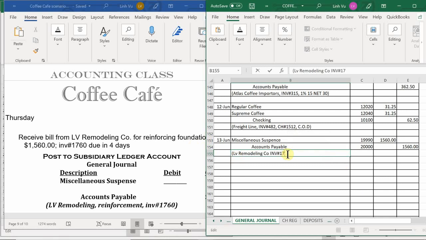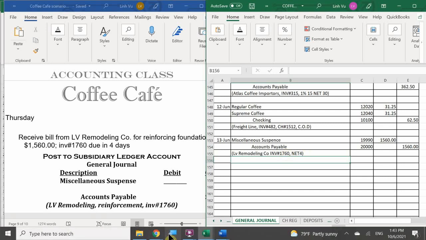And when is it due? It's due Net 4. Good. So in this case, where do I need to go now? We go into the ledger.